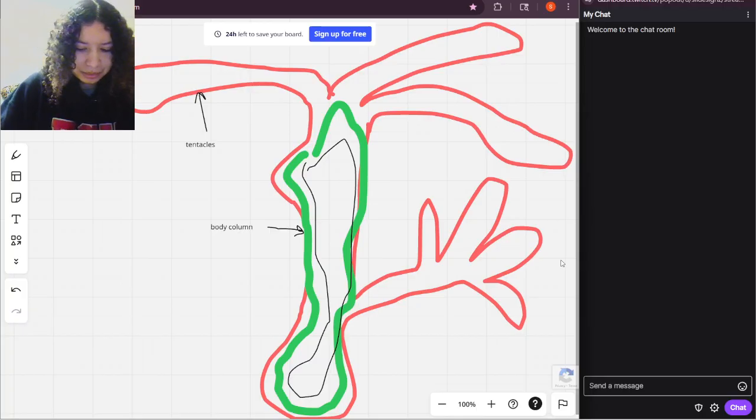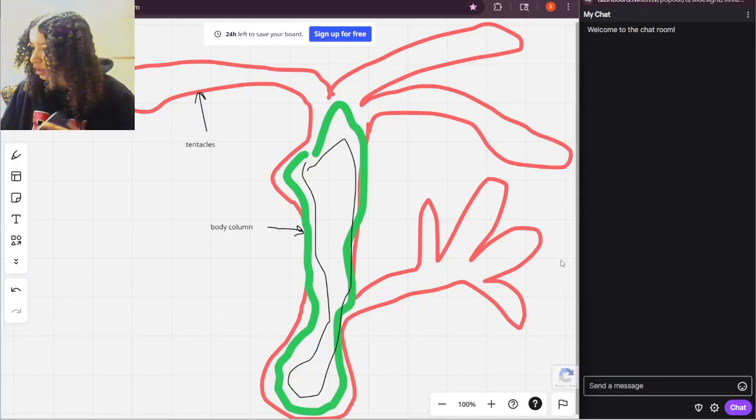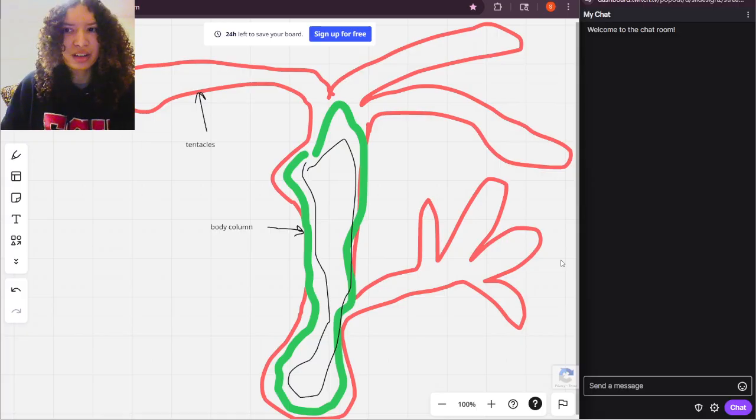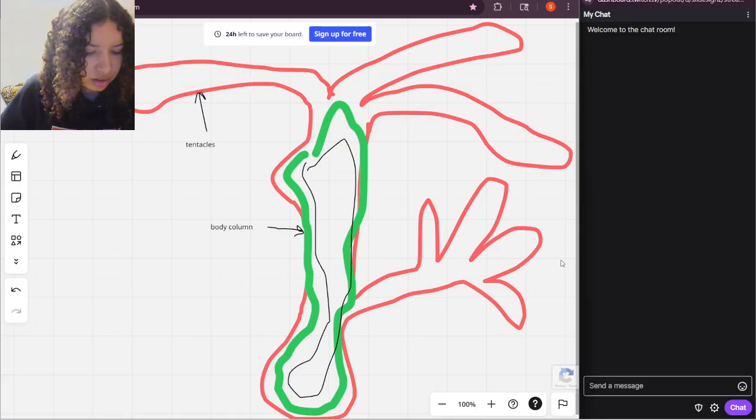Then what did we say the gastrodermis was? Okay, gastrodermis is the internal cell layer. So it's this third layer.